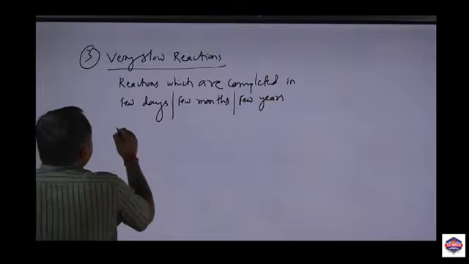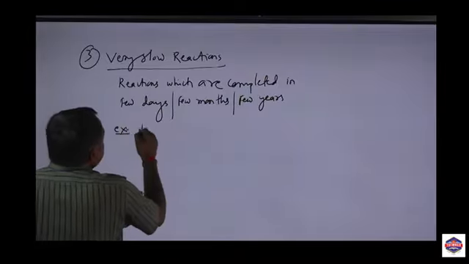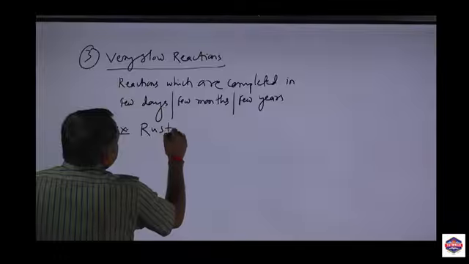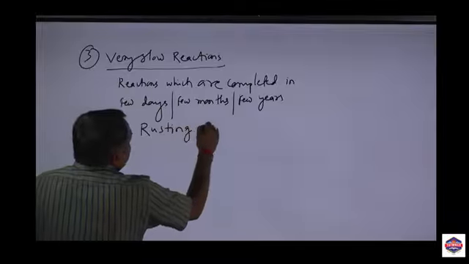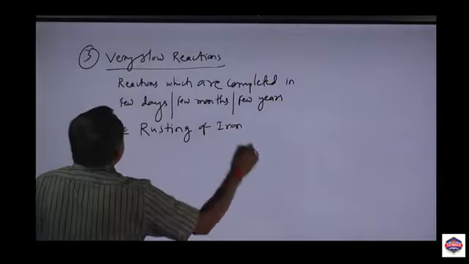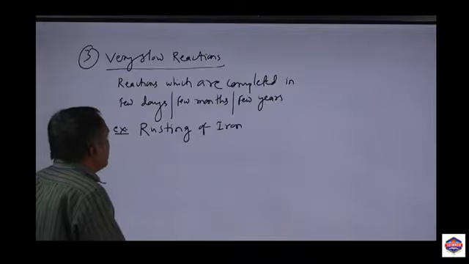For example, rusting of iron. Rusting of iron is an example of a very slow reaction.